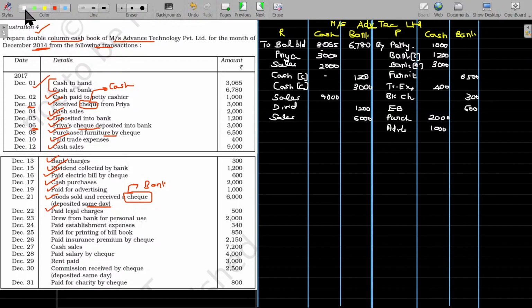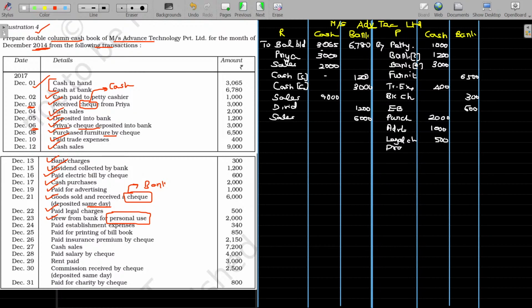Paid legal charges. In the payment side, we have to put the value being legal charges. Value being 500. Drew from bank for personal use. Then automatically it should be drawings.